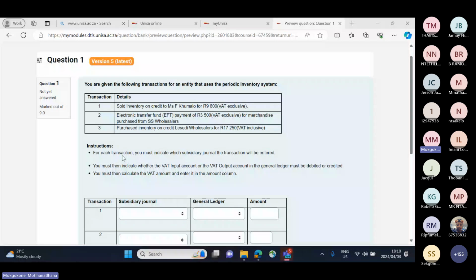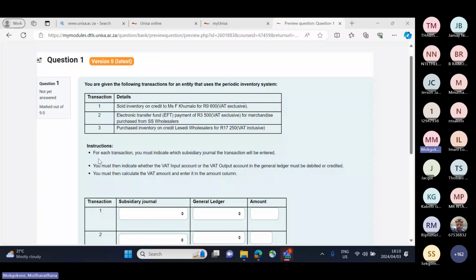And here is our instruction. You must read the instruction carefully. For each transaction, you must indicate which subsidiary journal the transaction will be entered in. Here you must decide from the journals: cash receipts journal, cash payments journal, purchases journal, purchases returns journal, sales journal, sales returns journal, and general ledger.